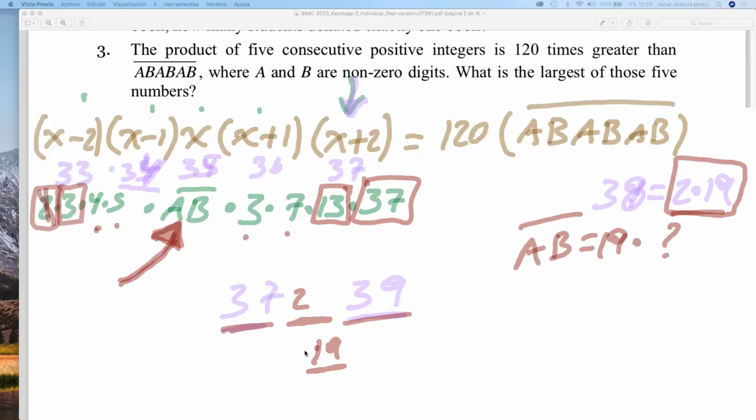Ok. We cannot have a 14 here because in order to get a 14, we need 5 times 8. We have a 5 that we can use here, but we don't have an 8. So this number must be a multiple of 19 times 8.